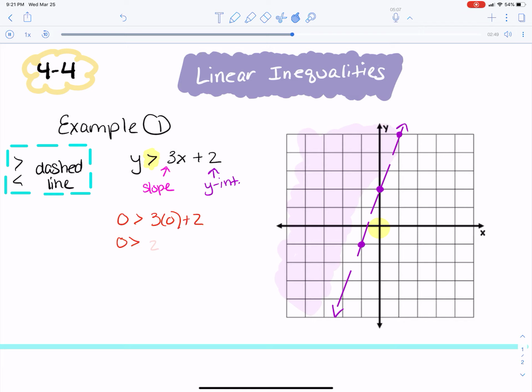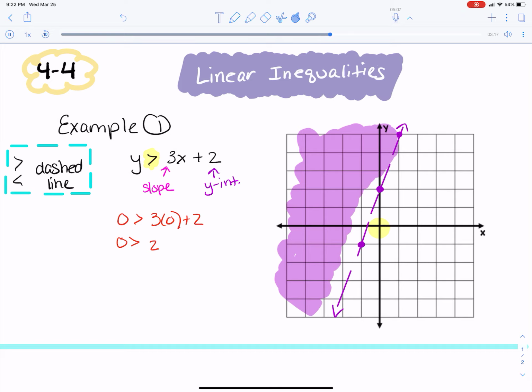So 0 is greater than 3 times 0 is 0, plus 2 is 2. Is 0 greater than 2? No, 0 is not greater than 2. So that means that point is not part of my solution. So we're going to shade away from that point. And that's our solution for this problem.